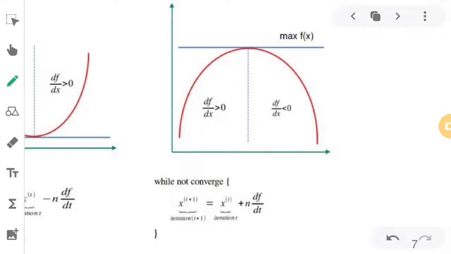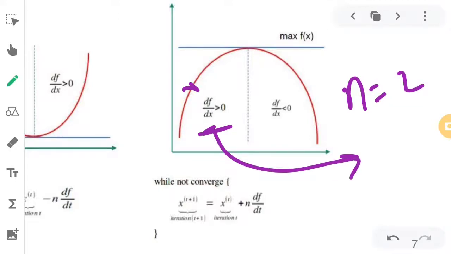While not converged, x(t+1) equals x(t) minus n df/dt. Here df/dt is positive, and suppose the point is here at time t, at time t+1, suppose n equals 2 and df/dt equals 3.